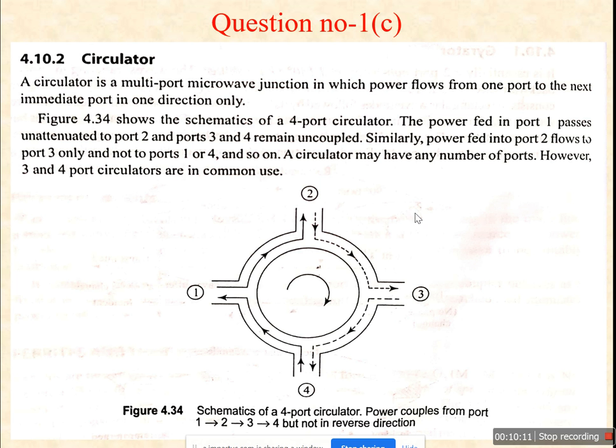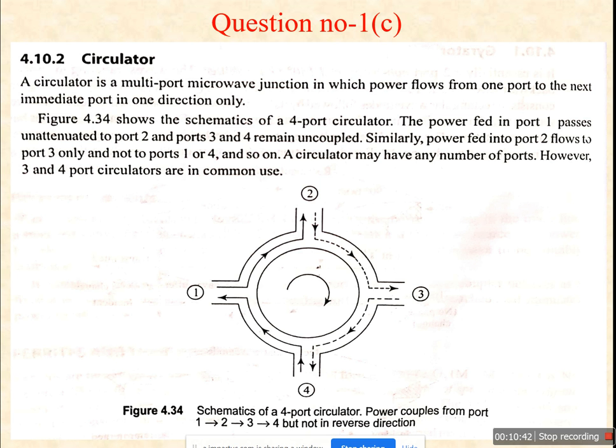Here you can see the figure. Ports 2 and 3 are terminated here, so this also behaves like an isolator, as you have seen on the microwave test bench in the college lab, where after the klystron power supply there is an isolator.